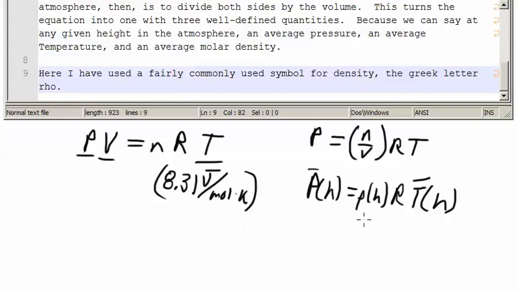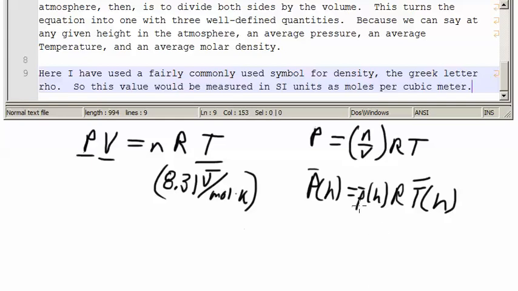Here I have used a fairly commonly used symbol for density, the Greek letter rho. So this value measured in SI units would be in moles per cubic meter.